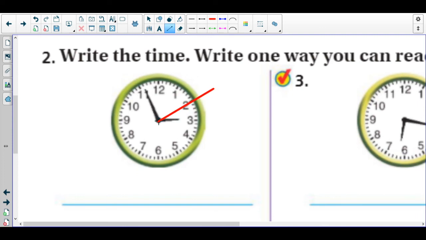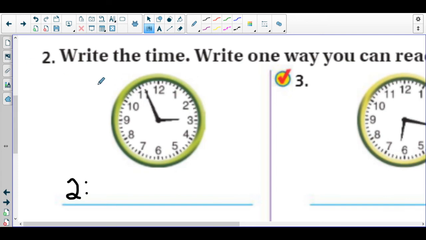I mean, just barely, but it is between the 2 and the 3. So I know that the time at least is going to be 2 something. All right. Then I'm going to count by fives. Okay. 5, 10, 15, 20, 25, 30, 35, 40, 45, 50, 55.